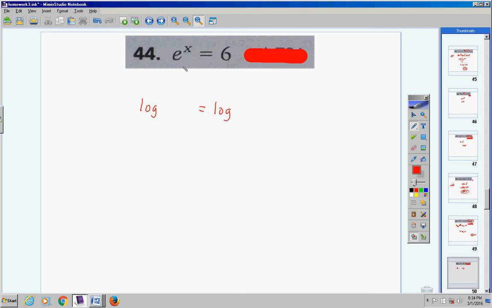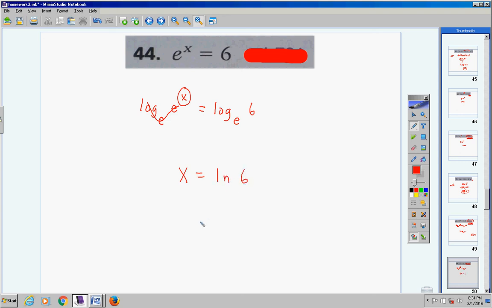Now here's your unknown. What's your base? E. So because your base here is an E, you put an E here and an E here. Now bring this whole left side down. Bring this whole right side down. And there we go. When this number matches this number, everything's gone but the exponent. X equals logarithm base E, which just means natural logarithm, of 6.